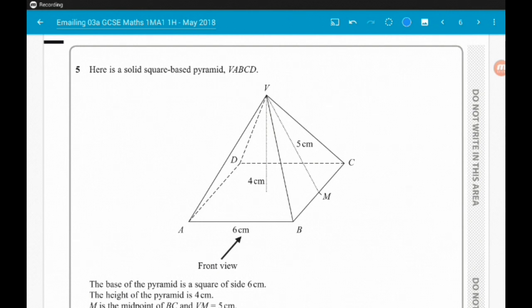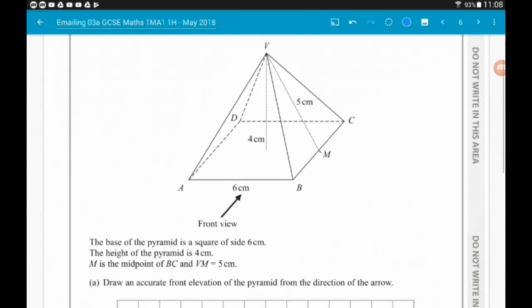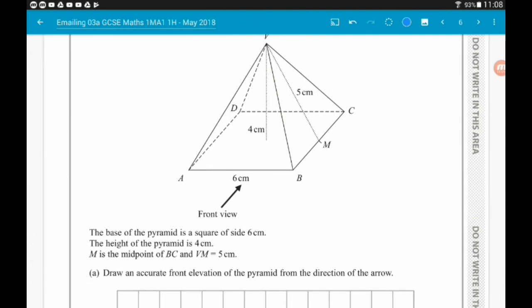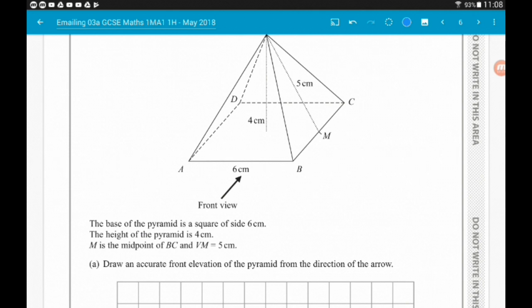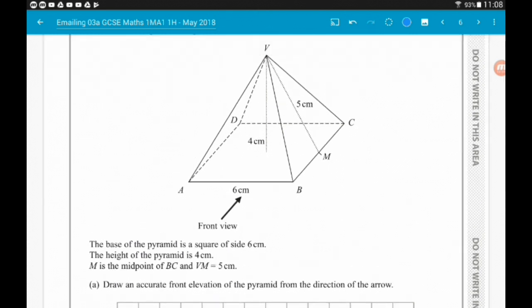Question 5. So here we've got a solid square-based pyramid V, A, B, C, D. We're told the height of the pyramid is 4 centimeters. The base of the pyramid is a square of side length 6 centimeters. We are told M is the midpoint of BC and M to V is 5 centimeters.